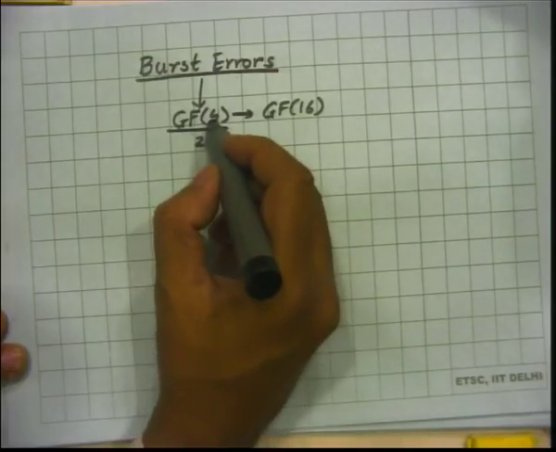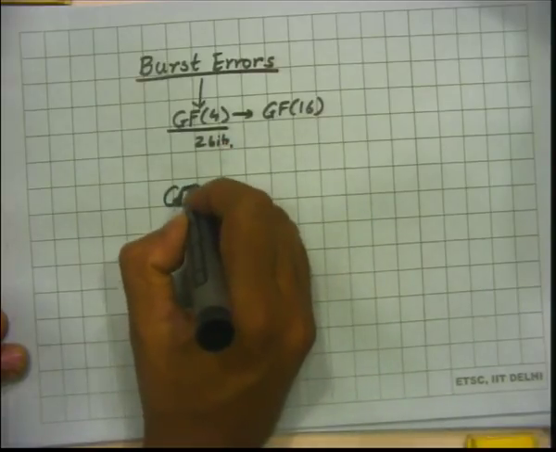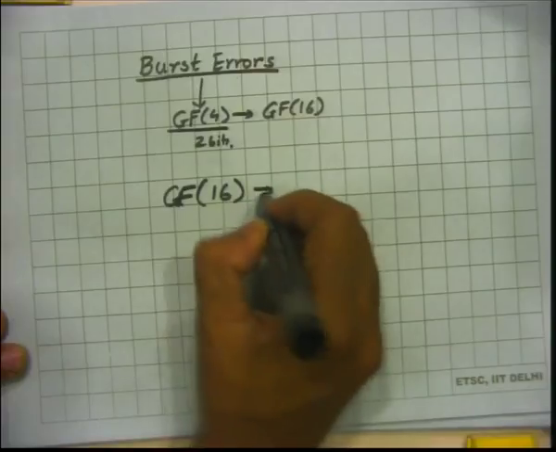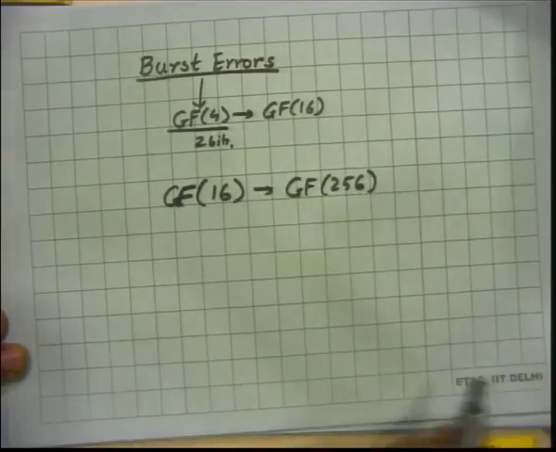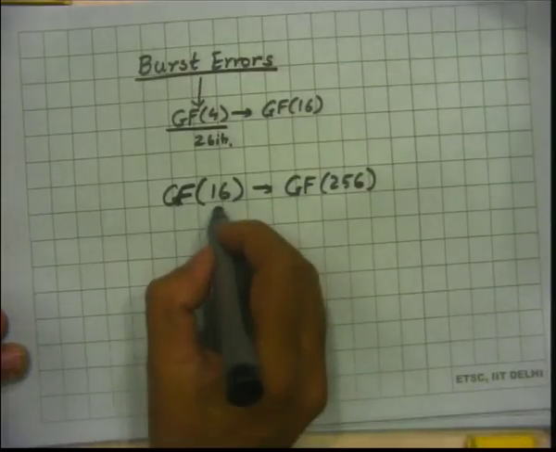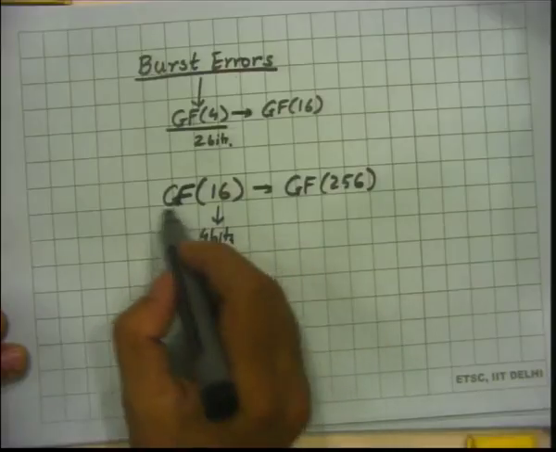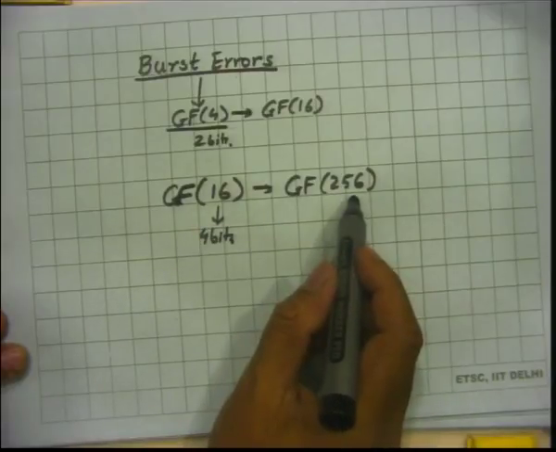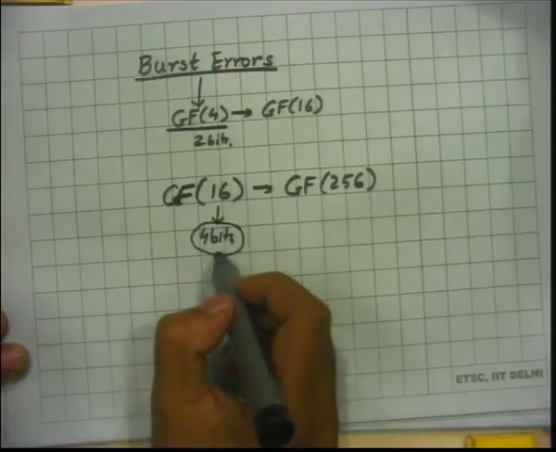But suppose I had the luxury to go from GF16 to GF256. Here we have 4 bits. So, the process is mechanical, but now I will be able to correct a burst of length 4.